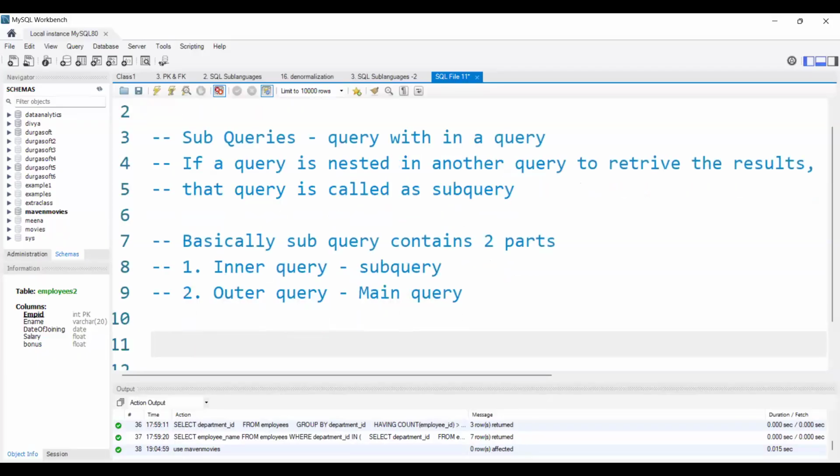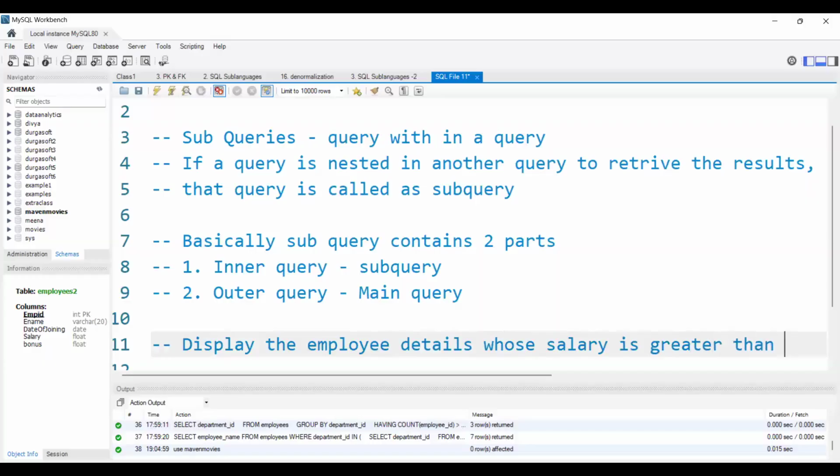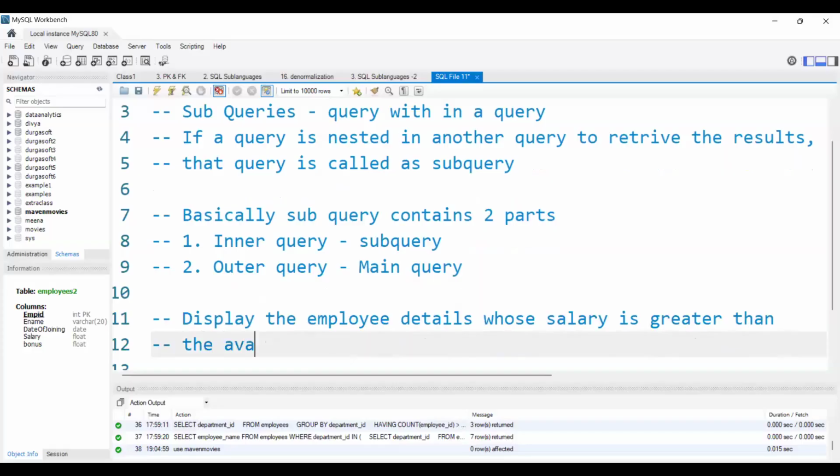Okay, now let's see an example. If I want to fetch the employee details or employee data, display the employee details whose salary is greater than the average salary.